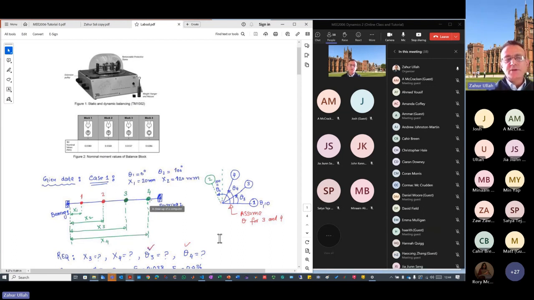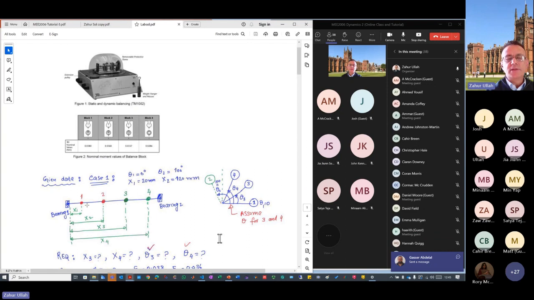The question is that you are given 2 masses. For example, you will be given theta 1, which is equal to 0, the angle of the first mass, and the distance will be given, which is 20 in this case. And then you are also given the distance, which is 120 millimeter, and the angle, which is 100 degrees.